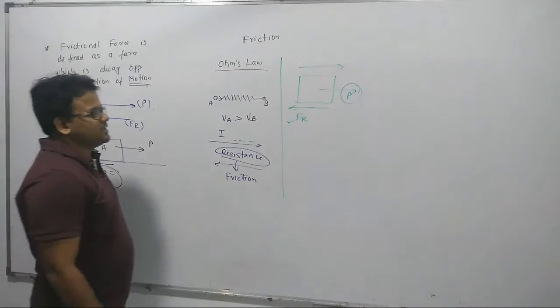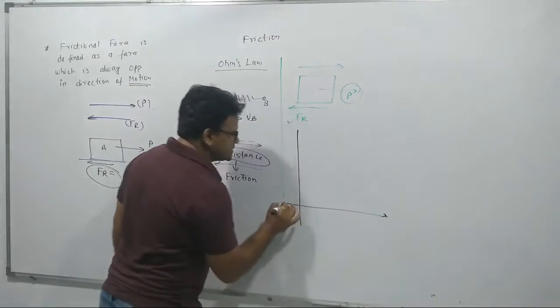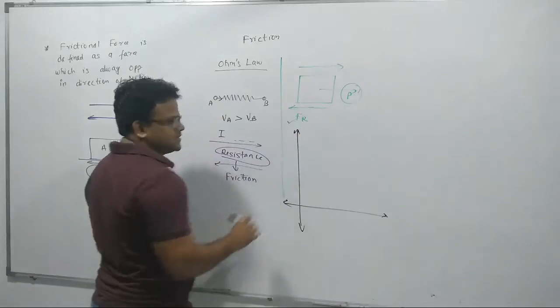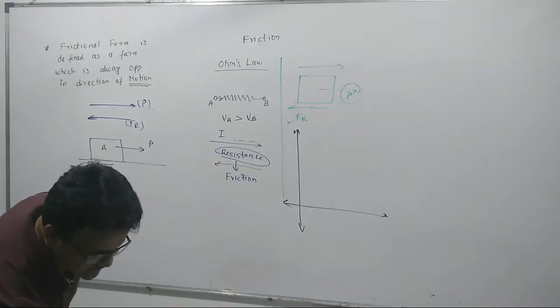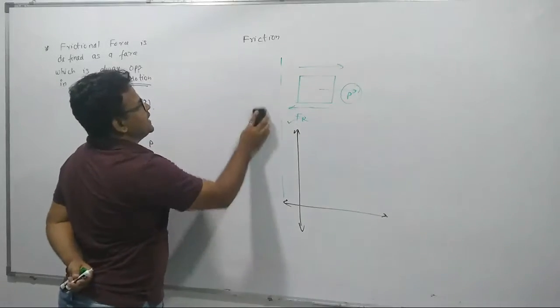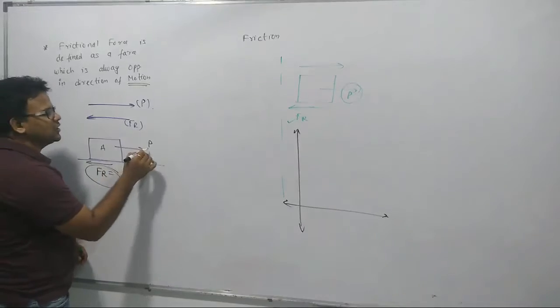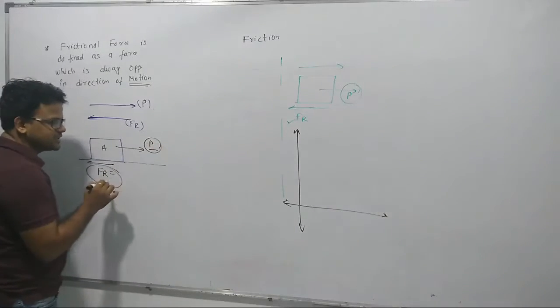Now let us understand how this frictional force works. Over here we'll draw a graph of frictional force versus applied force. In this diagram we are applying a force along the horizontal direction, towards right.